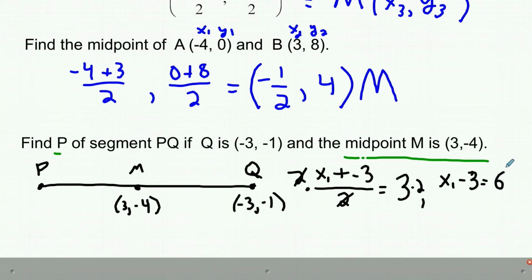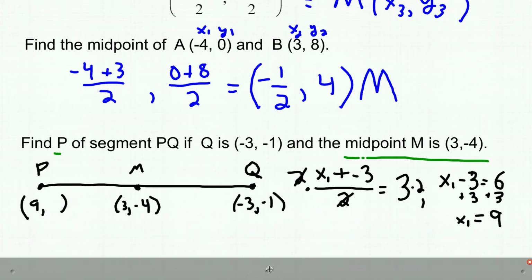You should be writing it in your notes as well. Then we just need to add 3 to both sides to get x1 by itself, and so x1 is 9. So are we done? No, because we still have to go back and do the y value. But we at least know that the x value for this point P is going to be 9.